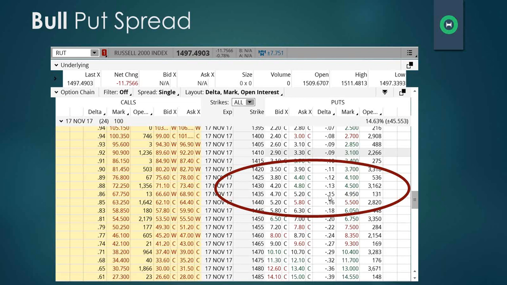Remember that the delta of 0.15 means that there is 85% probability that this one will expire worthless. So we have 85% chance that it will. However, by buying one further out of the money, we are protecting ourselves even against that additional potential loss.